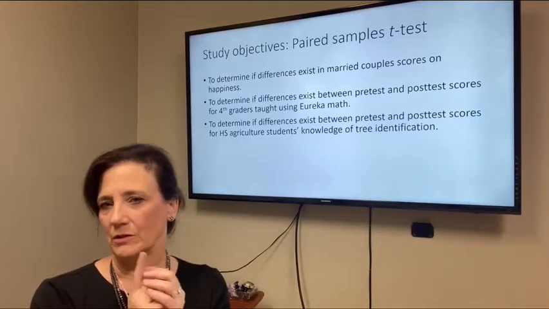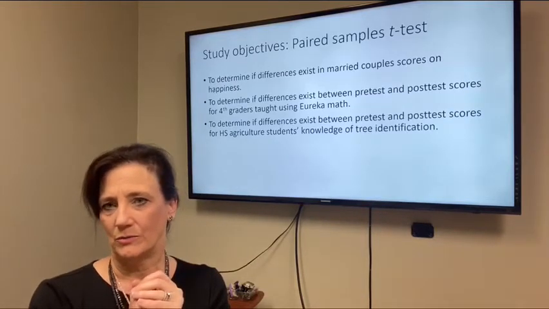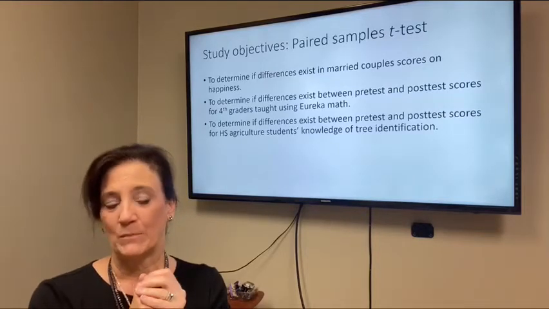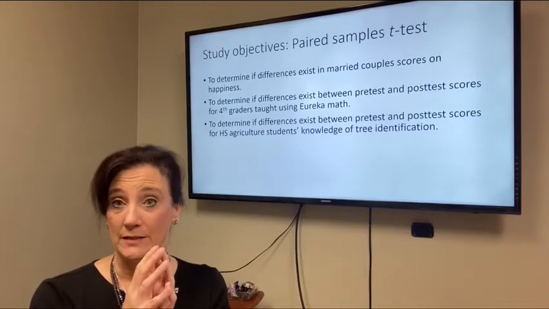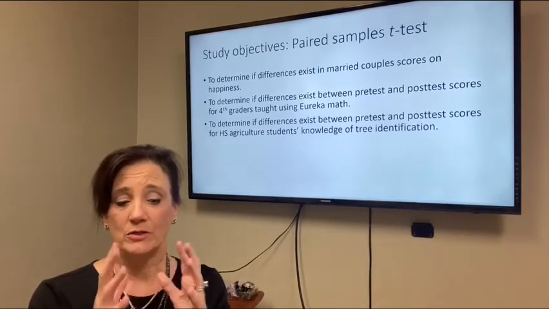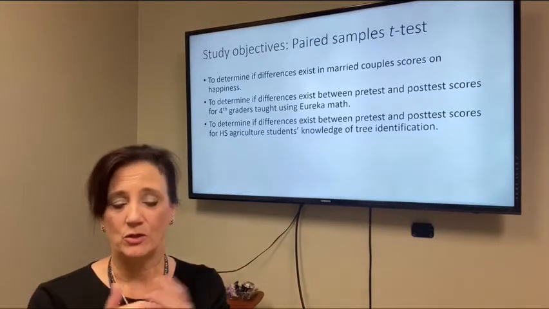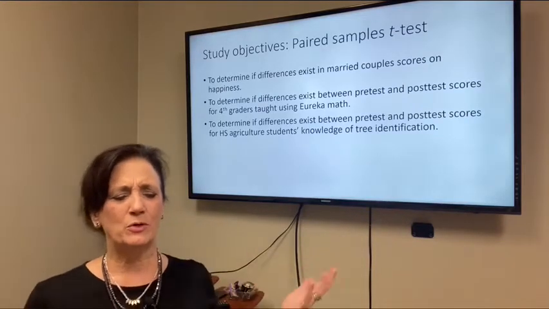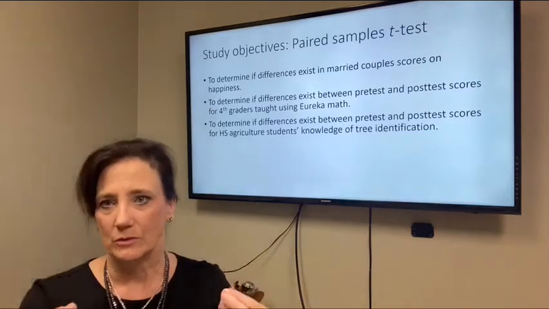Can you think of another instance similar to this when you would use a paired samples t-test? If you thought of twins and their scores on some construct, then that is another good example. So if you have scores on happiness for twins, they would be dependent.